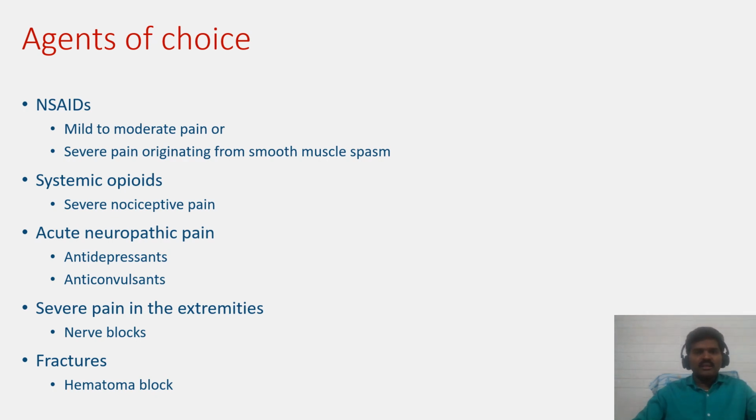Acute neuropathic pain can be dealt with antidepressants and anticonvulsants. Severe pain in the extremities can be amenable to nerve blocks, which give the advantage of less toxicity and more prolonged pain control. For fractures, you can choose a hematoma block. So these are the options that are available to you in the ED.